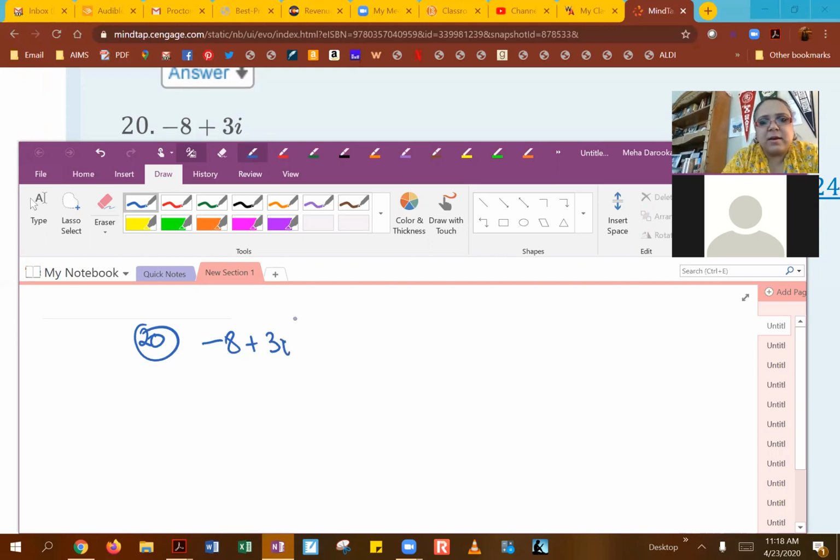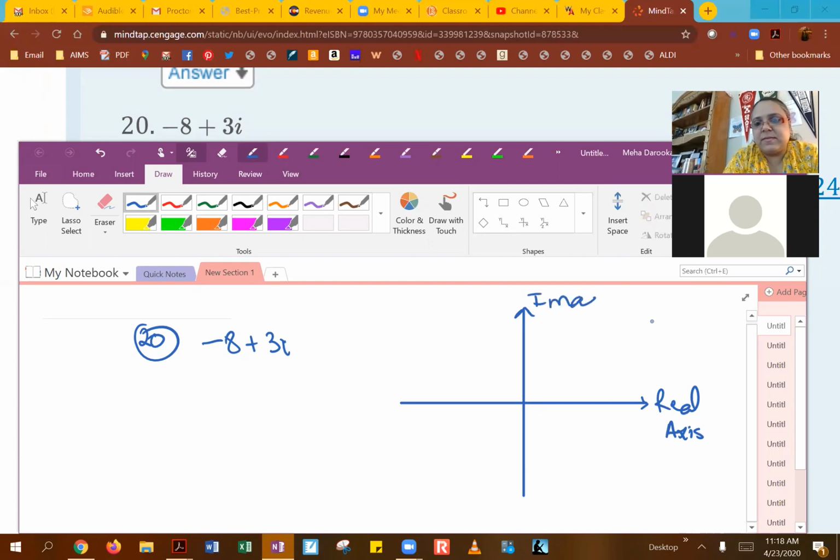If you're talking about plotting these, then of course we have the horizontal axis. Remember, that's the real axis. The vertical is imaginary. So can you tell me how to plot this point?